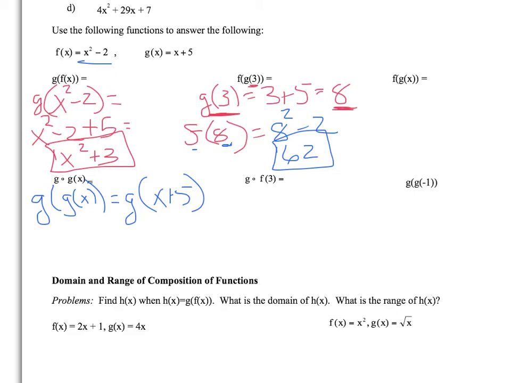Now, if I just saw this, I would replace the x's in my g function with an x plus 5 instead. So, instead of being an x right here, I'm going to call it x plus 5 instead. And then you have another plus 5. Combine like terms, we get x plus 10.